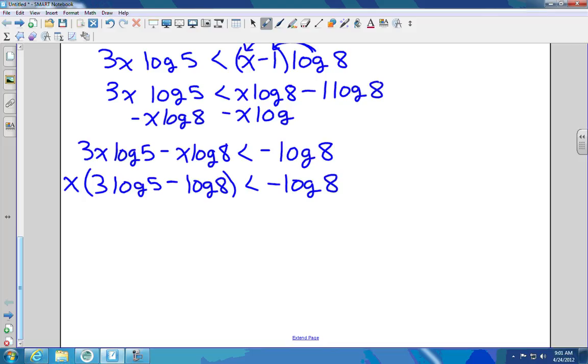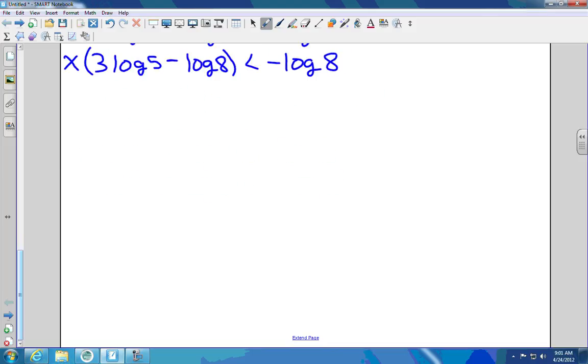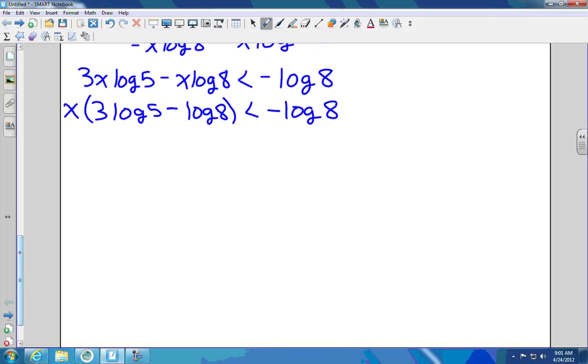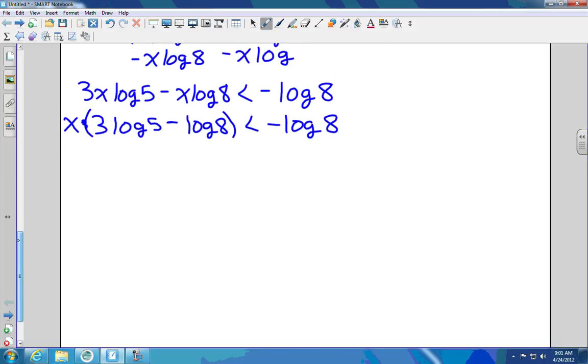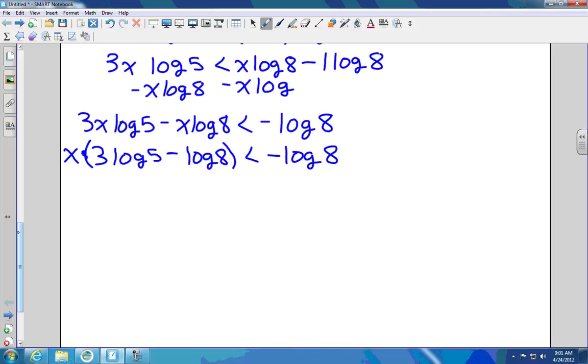So how many x's do we have now? Just one, and what's happening between the x and the rest of that stuff in parentheses? Multiply. So what do we need to do? Divide. So if you distribute, you're going to get right back where you were up here, where you had the x's in there.